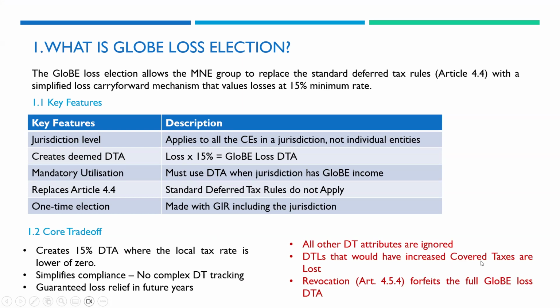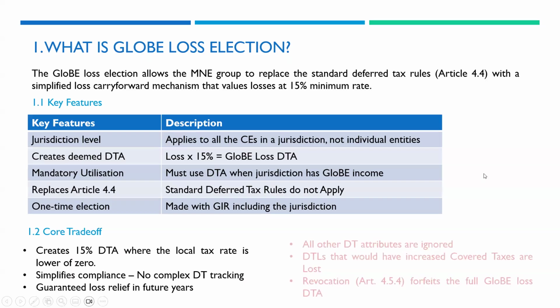DTLs that would have increased covered taxes are lost. Revocation forfeits the full GloBE loss. It completely takes away all your DTLs. Only this DTA at 15% will be available to you. Others are gone. So only if you have a loss, that loss you can recast upward to 15%. That's it. All the other deferred tax provisions would be lost.